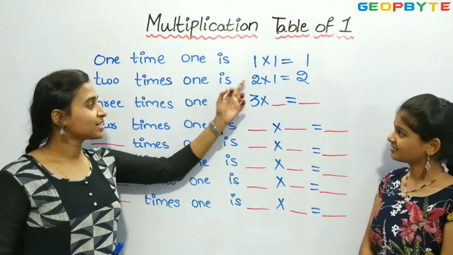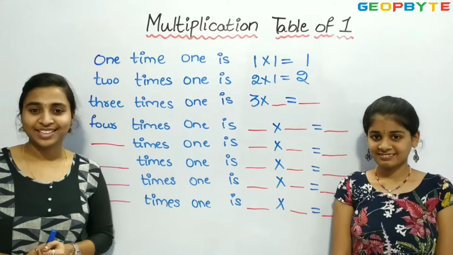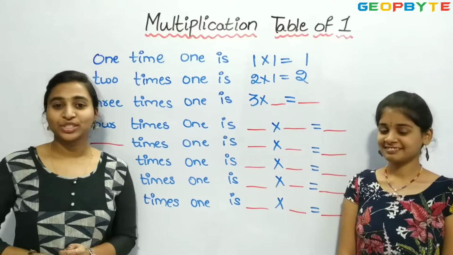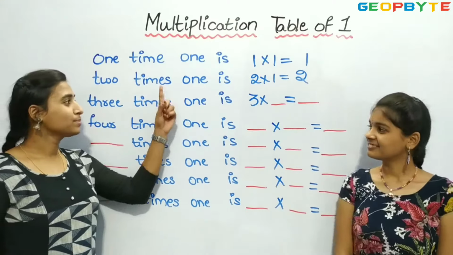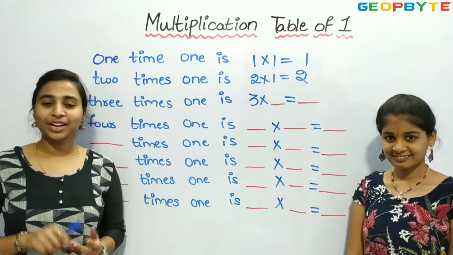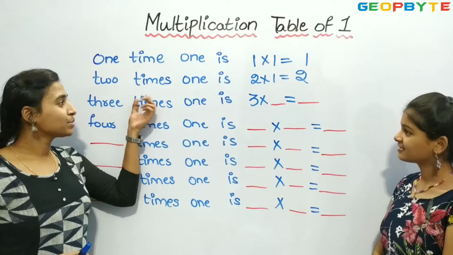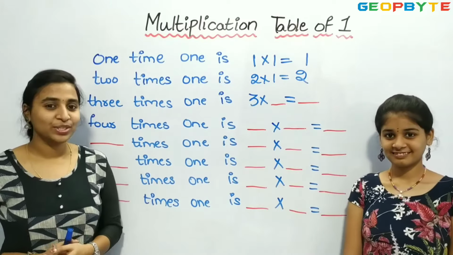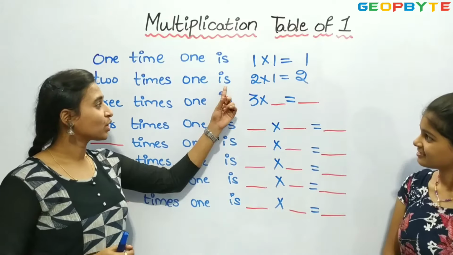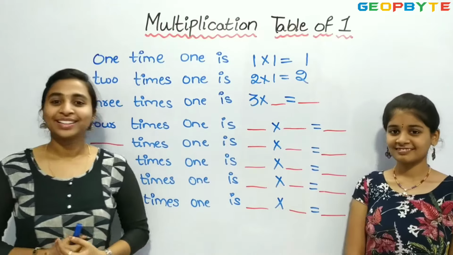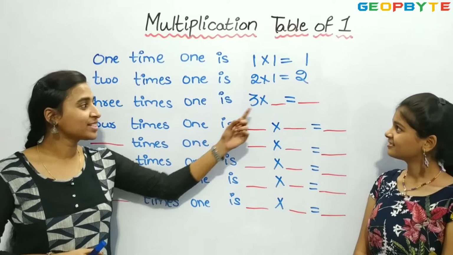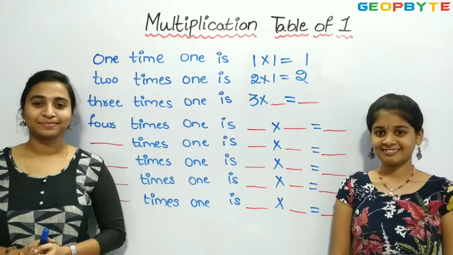So, 2 into 1 is nothing but 2. So, it is also called 2 into 1. That is nothing but 2 ones are 2.